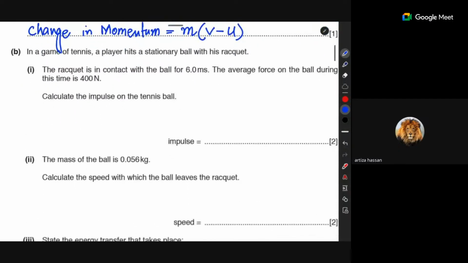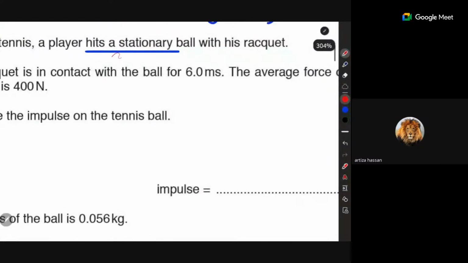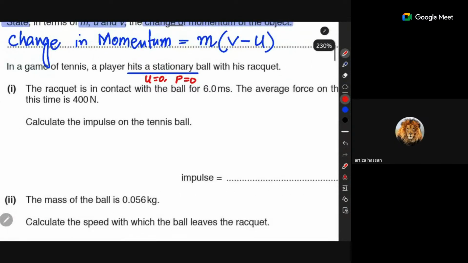Got it? Now, in the game of tennis, a player hits a stationary ball. Once the ball is stationary, its velocity is zero, which means its momentum is zero. The racket is in contact with the ball for 6.0 milliseconds.